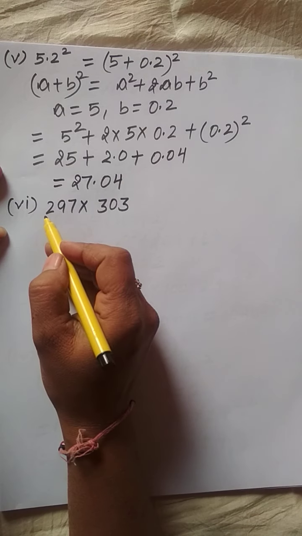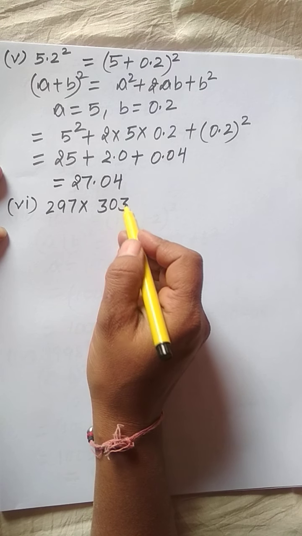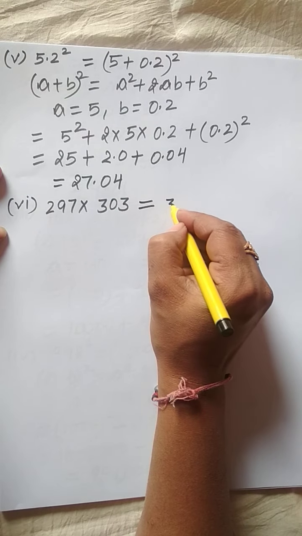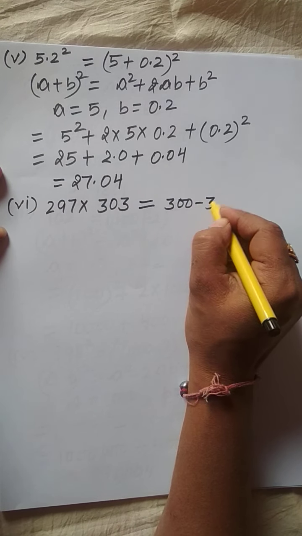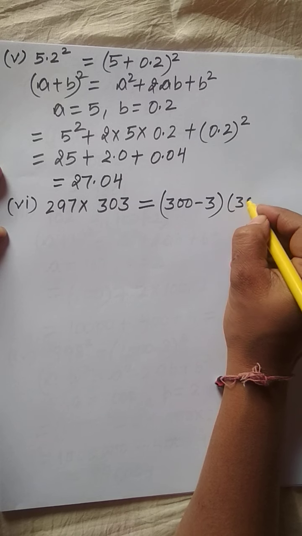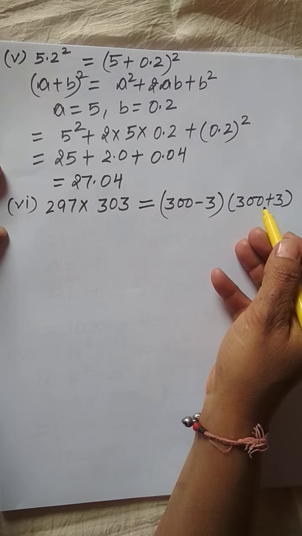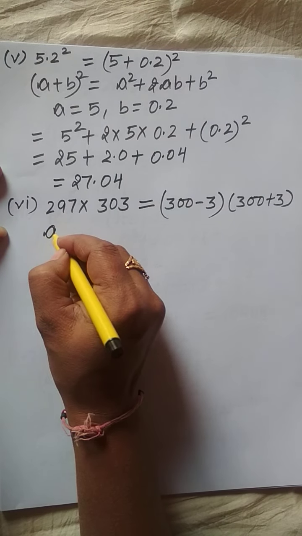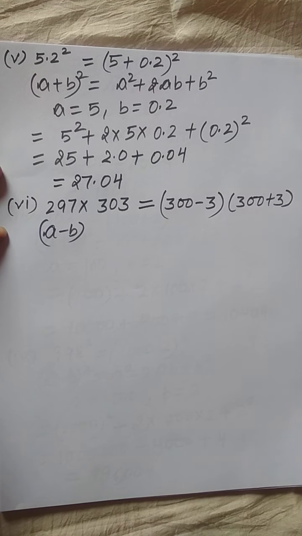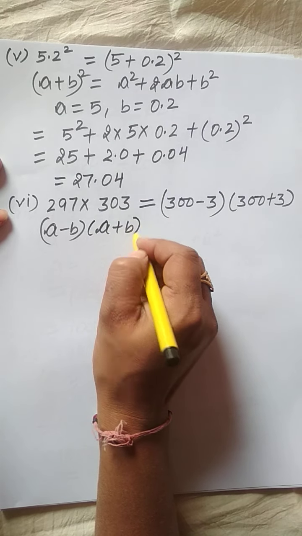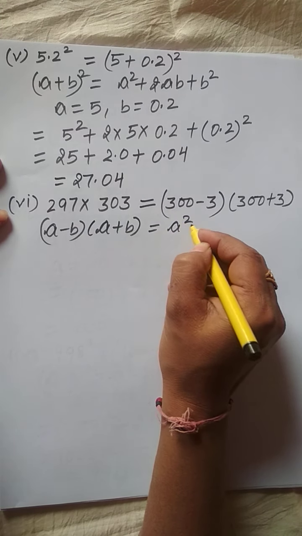Next part is 297 multiplied by 303. In this type of question, we will convert this as 300 minus 3, 300 plus 3. This is the type of (a minus b) into (a plus b), which is equal to a square minus b square.